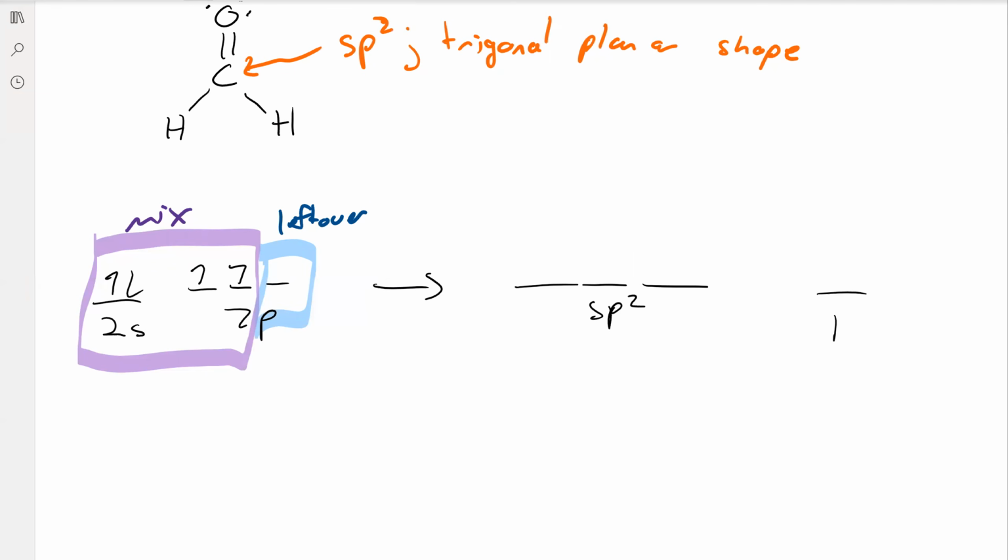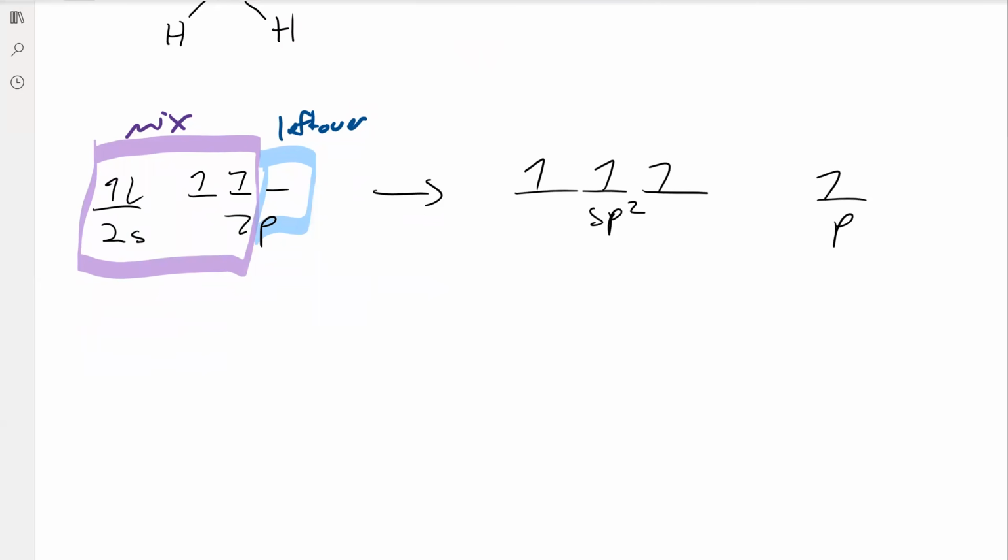And then we have 1 leftover p orbital. Each one of them gets 1 electron each. The sp2 orbitals look pretty similar to the sp3 orbitals, except there's only really 3 of them. And they're all in the same plane because we have that trigonal planar shape. And then we'll have a leftover p orbital. Let's color this in yellow, color this in blue.